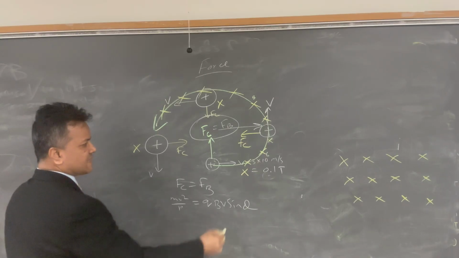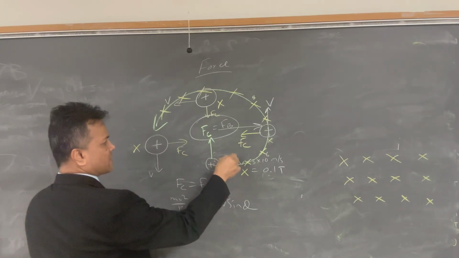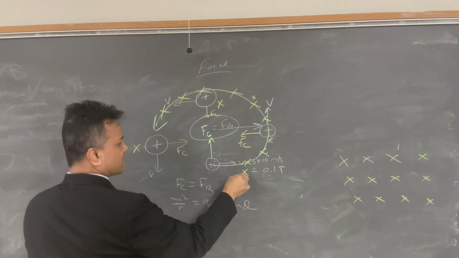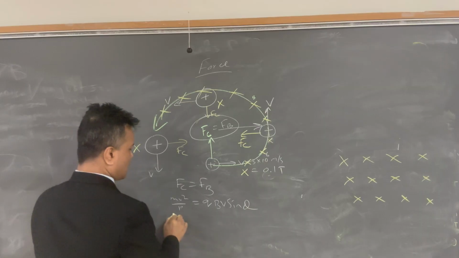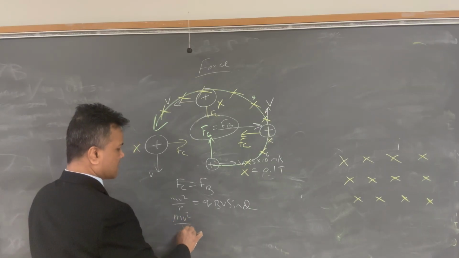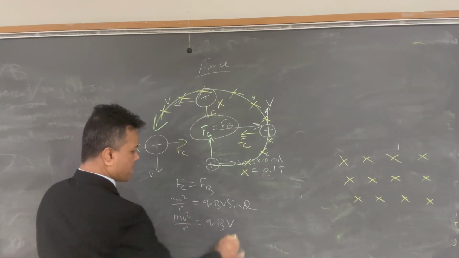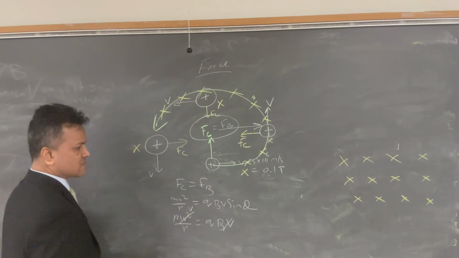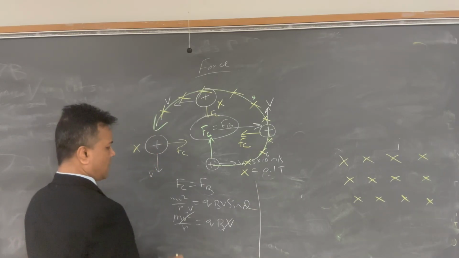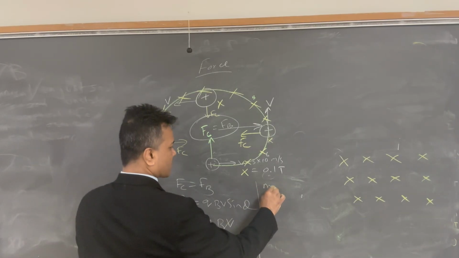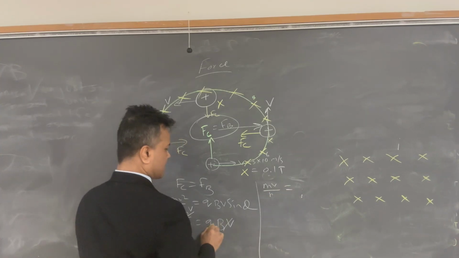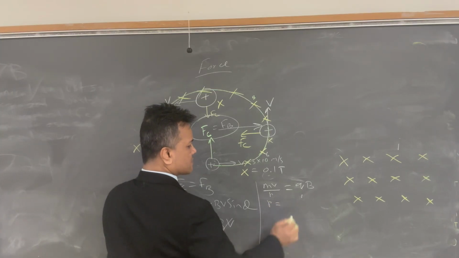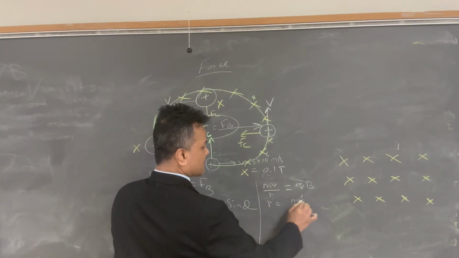Sine theta: at every single point, the velocity vector and the field are at 90 degrees. So mv squared over r equals qvB. V squared and v, so just one v remains. So what do you have? You have mv over r equals qB. So then r is mv over qB.